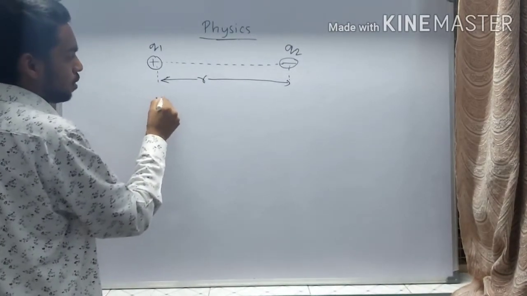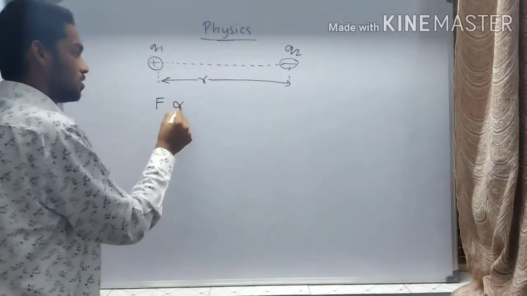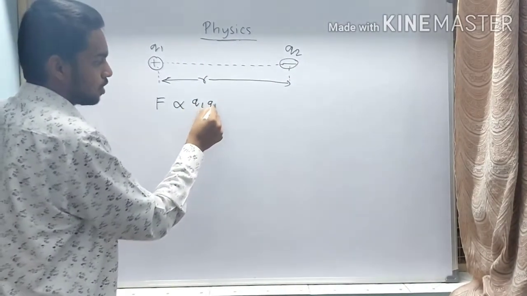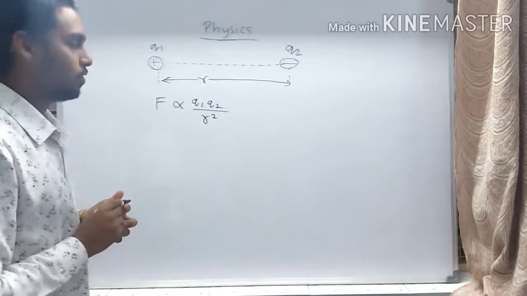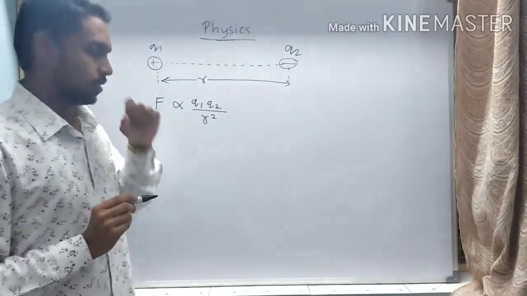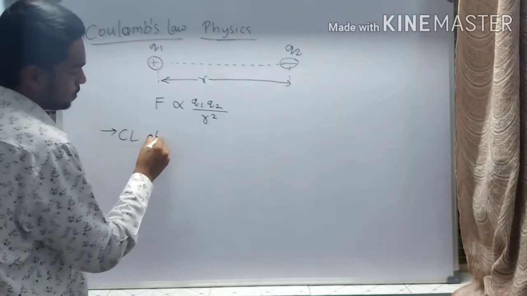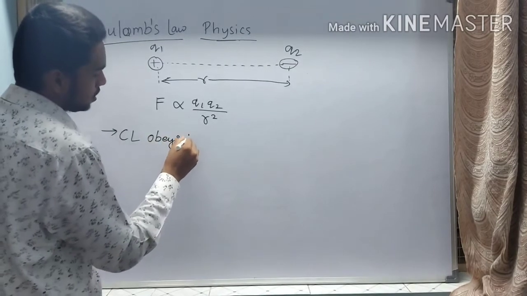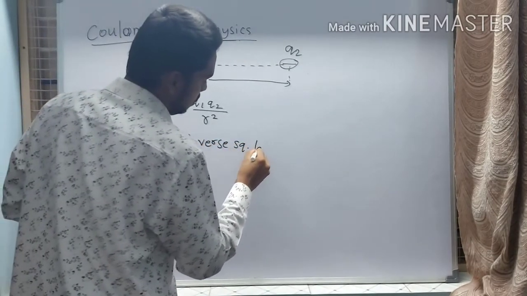Now, I was talking about the force which is acting between these charges, right? The force is directly proportional to the product of the charges and inversely proportional to the square of the distance between these two charges. So friends, Coulomb's law obeys the inverse square law.